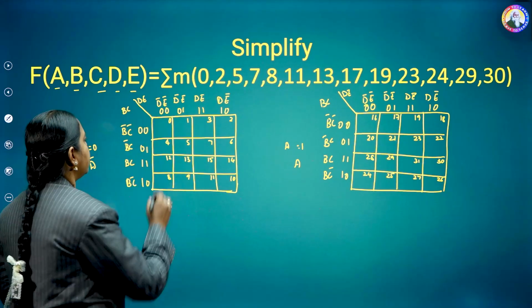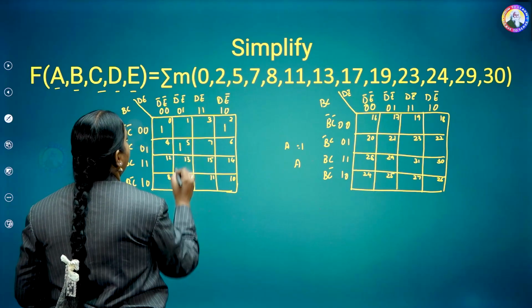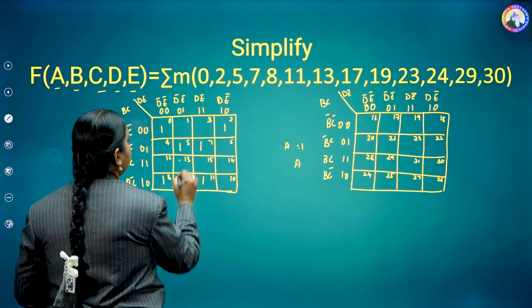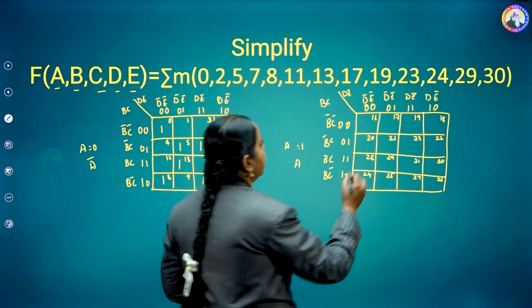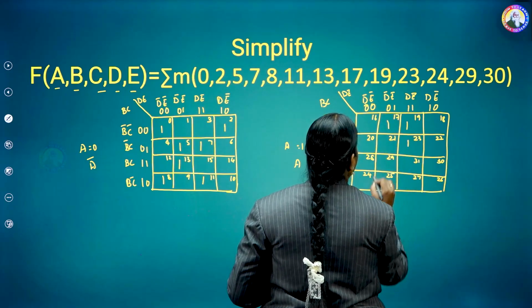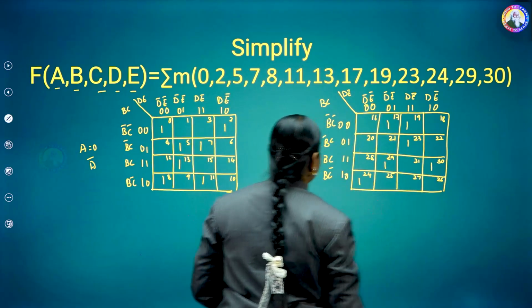So the given numbers are 0, 2, 5, 7, 8, 11, 13, next 17, 19, 23, 24, 29, 30.